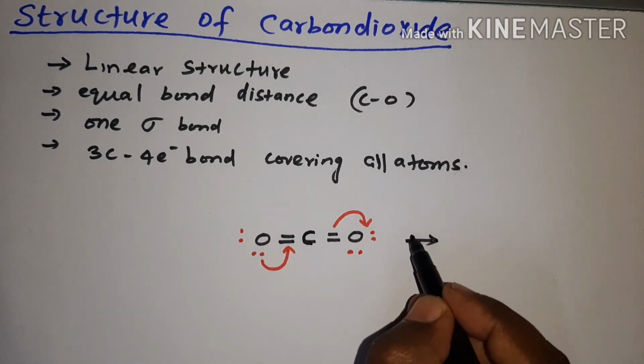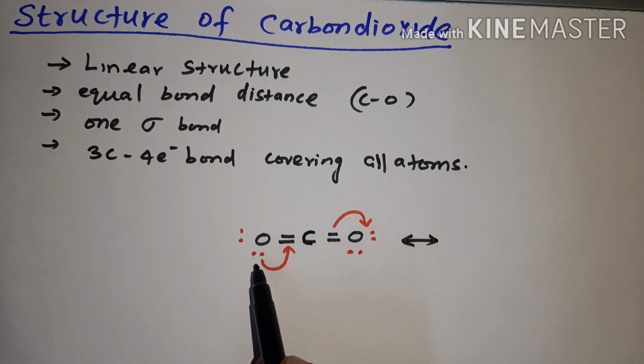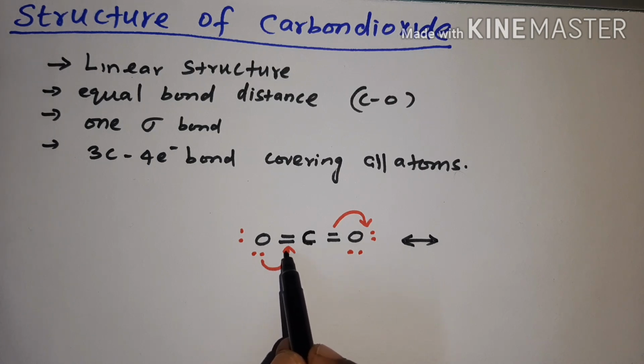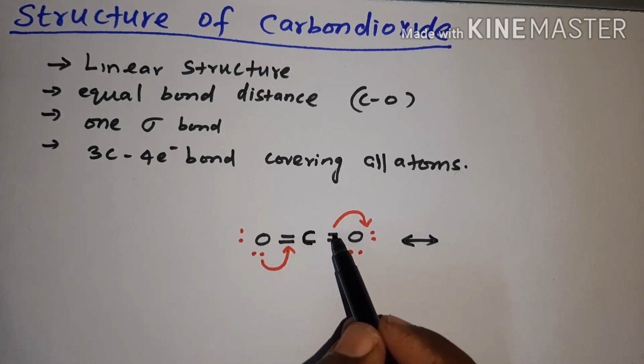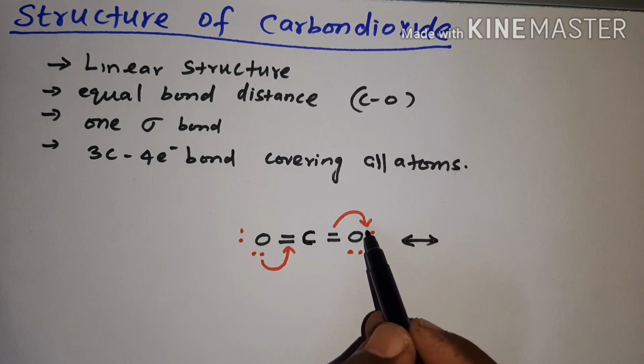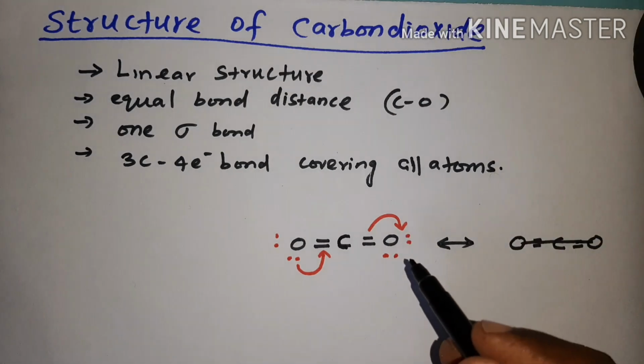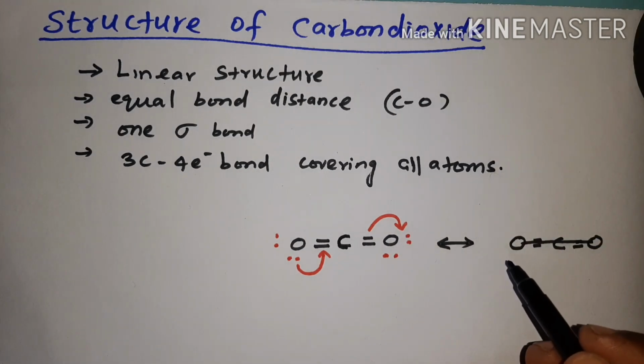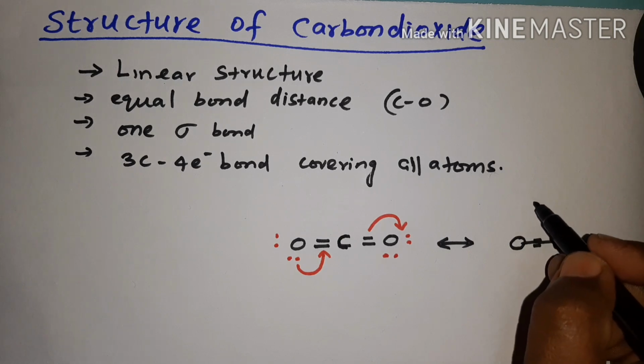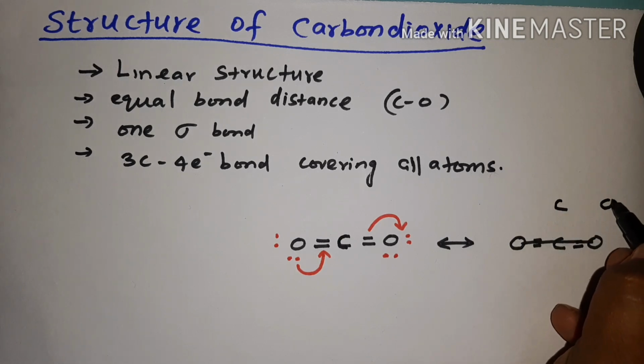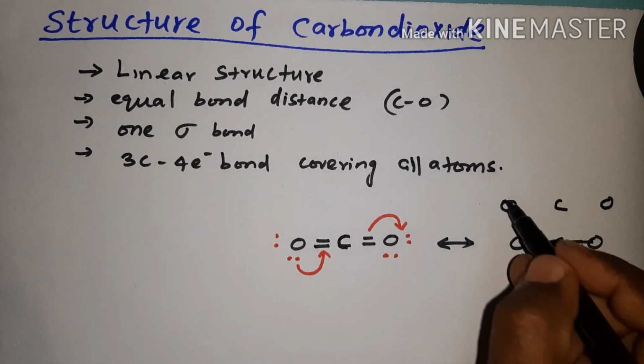How? I will explain. Here you see this one electron pair can move towards the center, and this bond pair can convert to an electron pair. So the resonance structure we get is like this: carbon, oxygen here, then oxygen here.